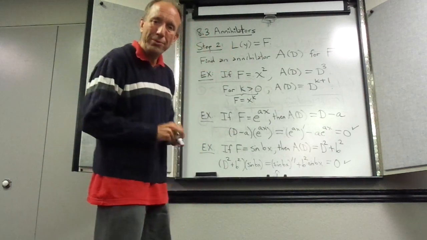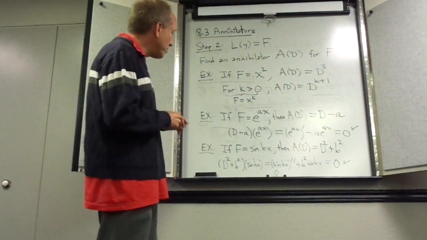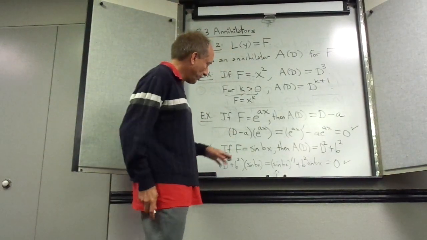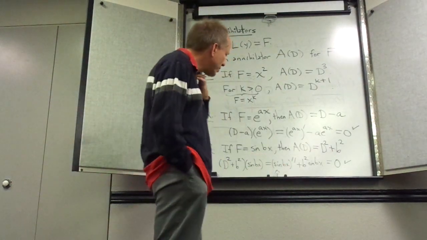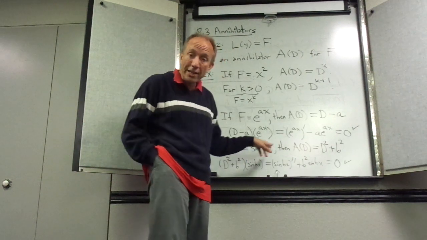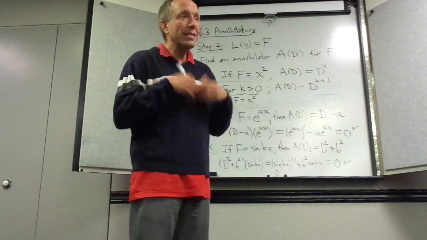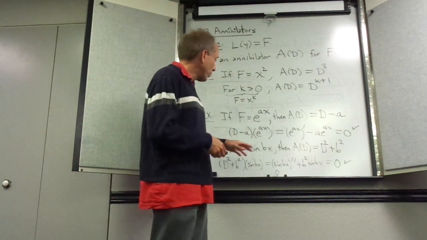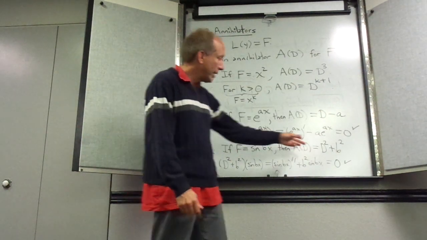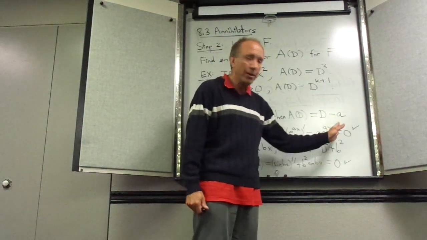It's going to be 0. So this is great. This means that we know how to annihilate the sine of bx. It turns out that cosine of bx is annihilated in exactly the same way. So for the cosine of bx, the annihilator is also D squared plus b squared.